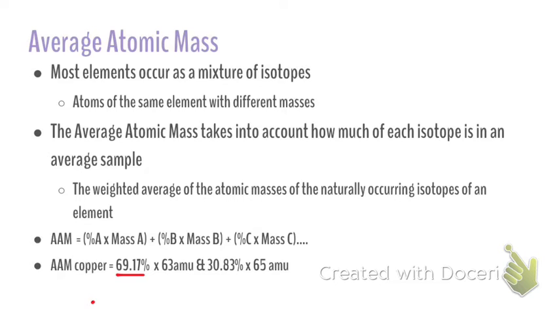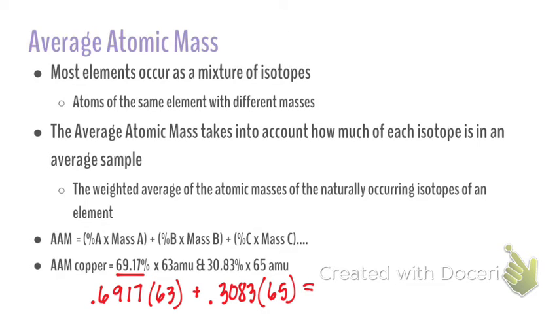So I'm going to go 0.6917 times 63 plus 0.3083 times 65. So go ahead and run the math on that and see, should our weighted average come out closer to 63 or closer to 65? Should our average atomic mass come out closer to 63 or closer to 65?